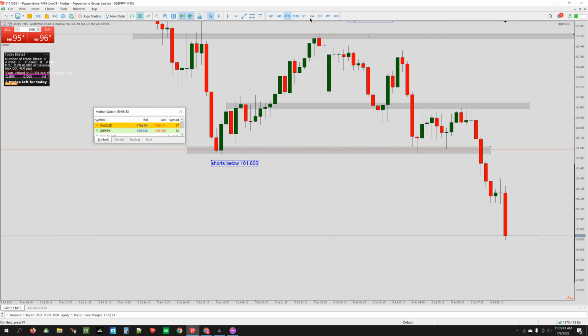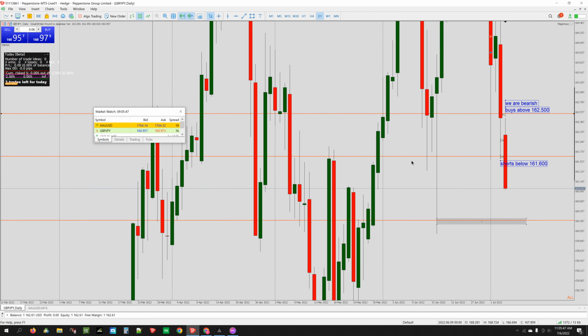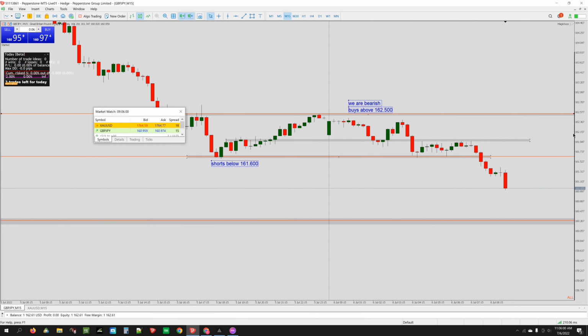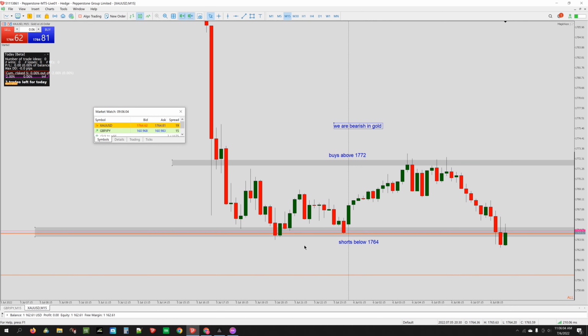But this was highly expected, that we will keep pushing down. Still there is a very high probability that we will continue moving down. In gold, there is nothing so far, so we need to wait at this point.